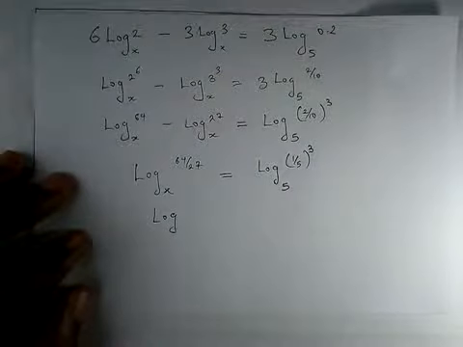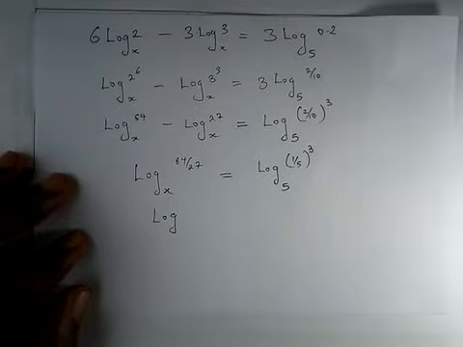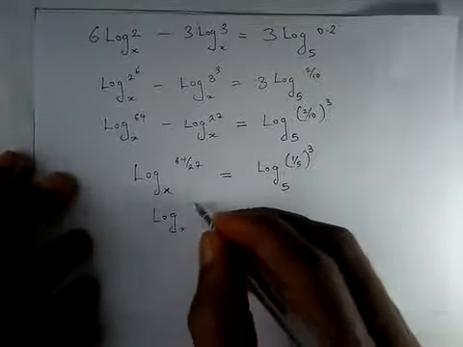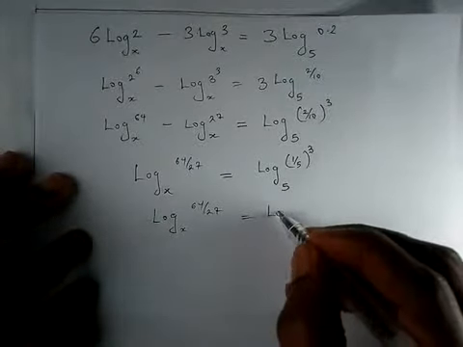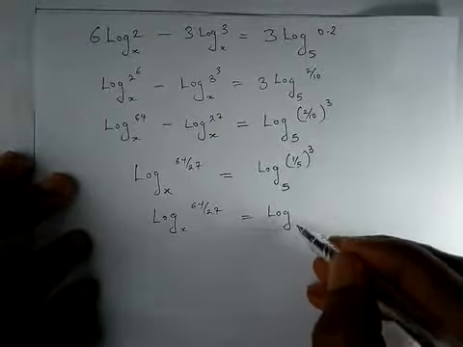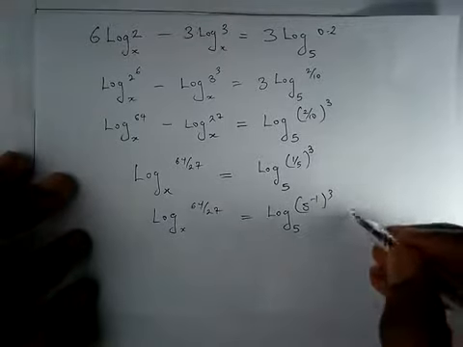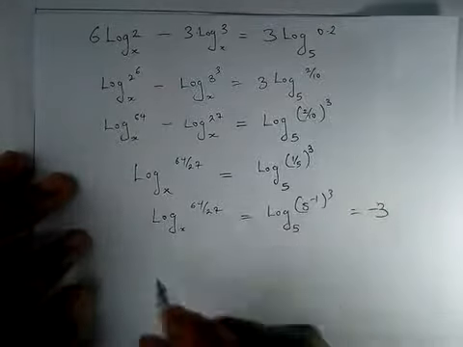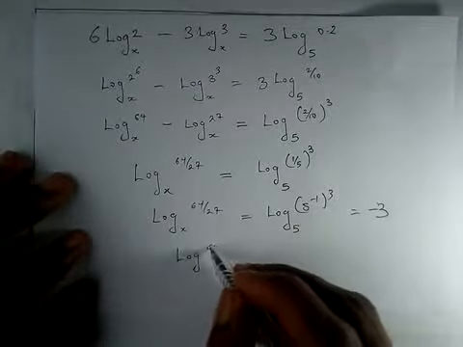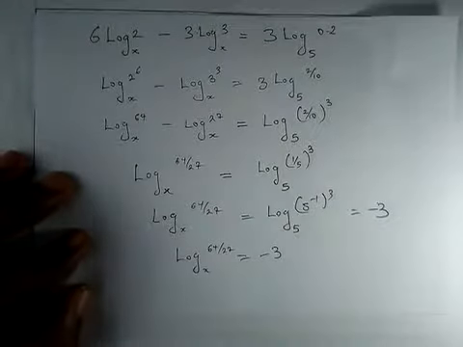So 64 over 27 is equal to log 5 is 5 raised by minus 1 raised to power 3 to base 5, and that is minus 3. So log 64 over 27 to base s equal to minus 3.